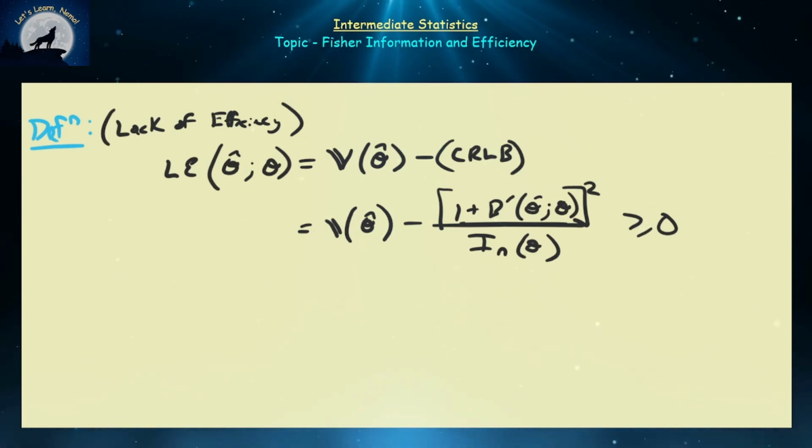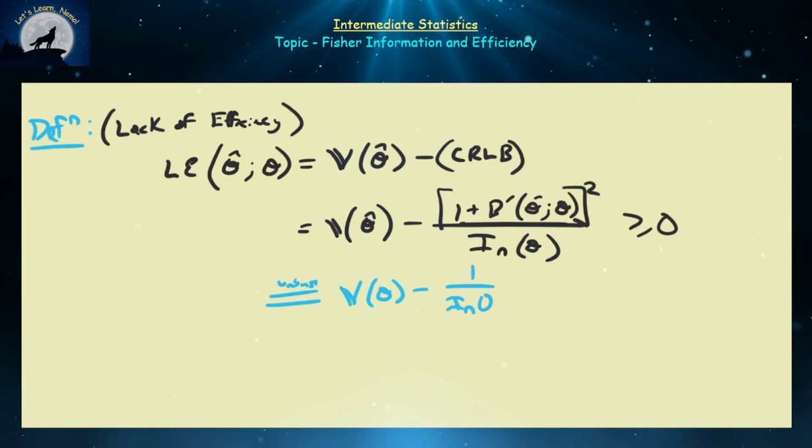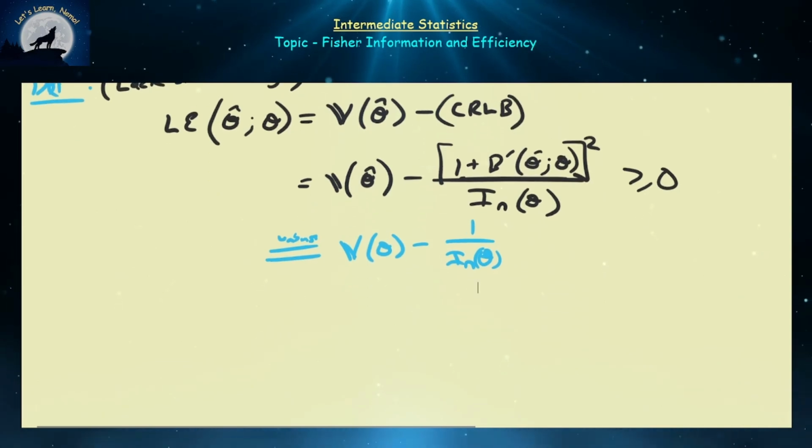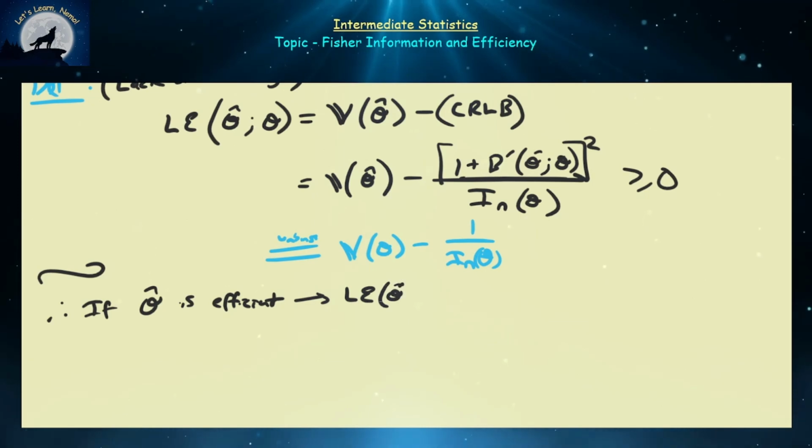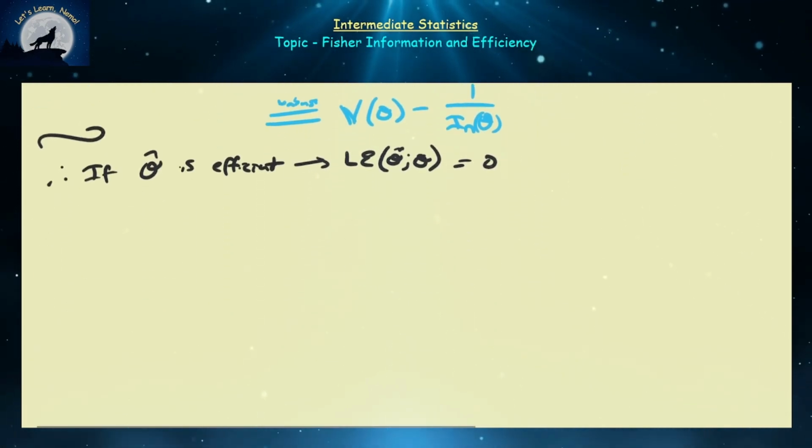But if unbiased, then it's going to be equal to the variance of theta hat minus 1 over I_n(theta). So that's what we call the lack of efficiency for that estimator. So as an immediate corollary, if theta hat is efficient, then the lack of efficiency for theta hat for theta will be equal to 0.